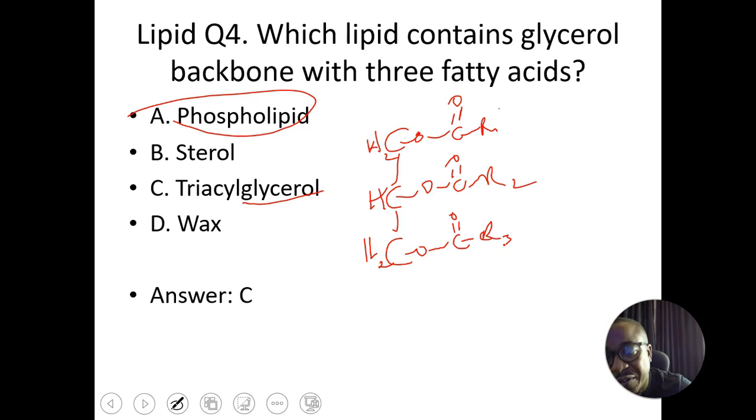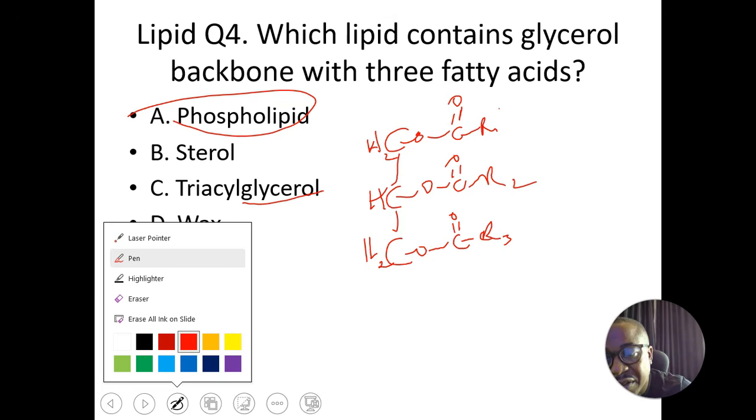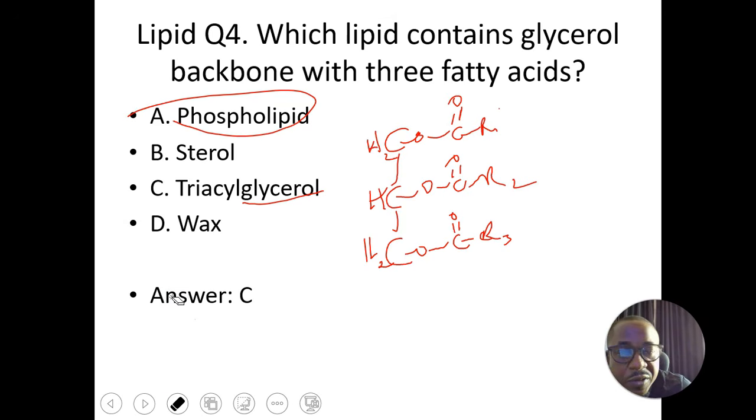The only difference in phospholipid, the third carbon is esterified to a phosphate group.